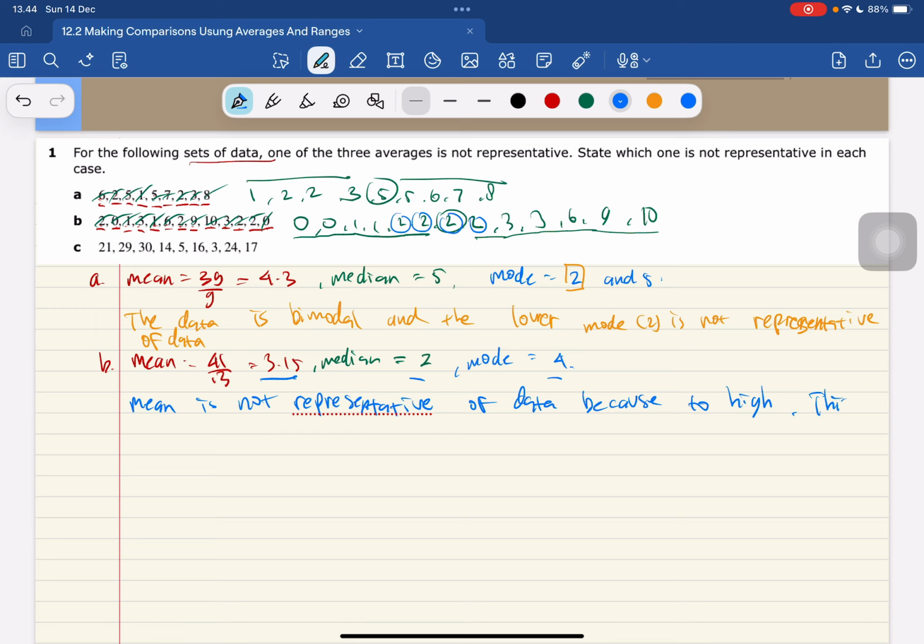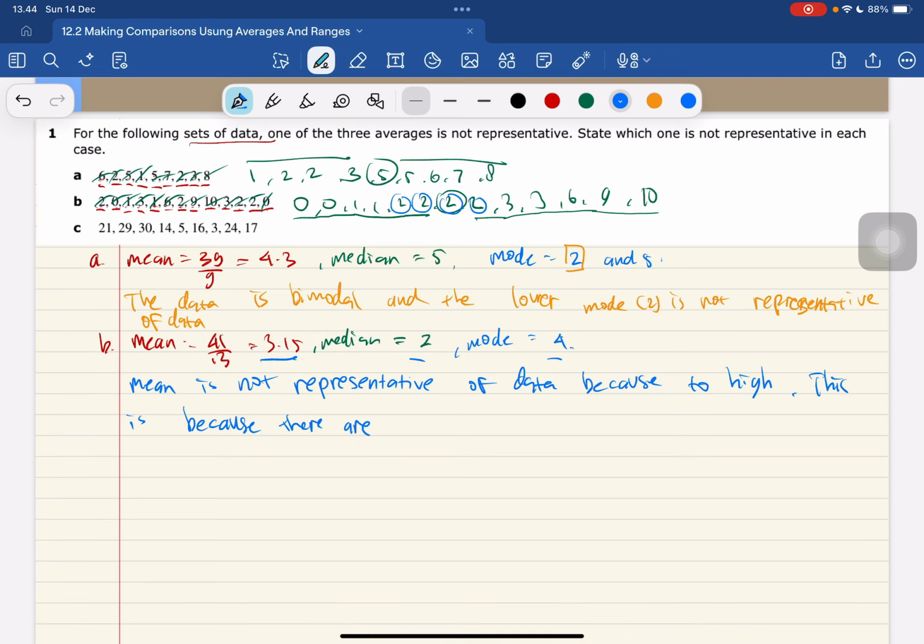This is because there are some values in the data that are much higher than the others, like 10 and 9, which are too high.